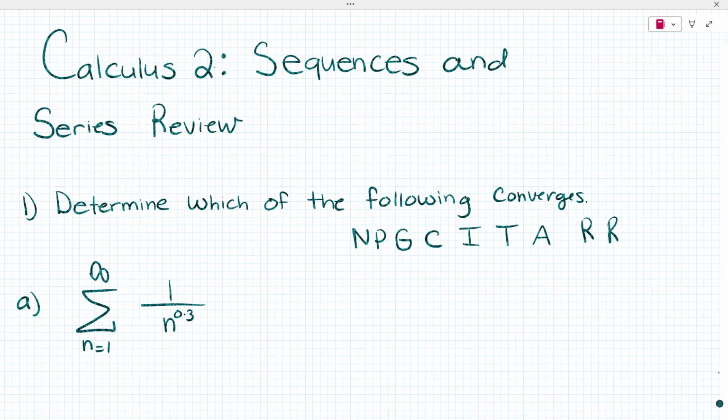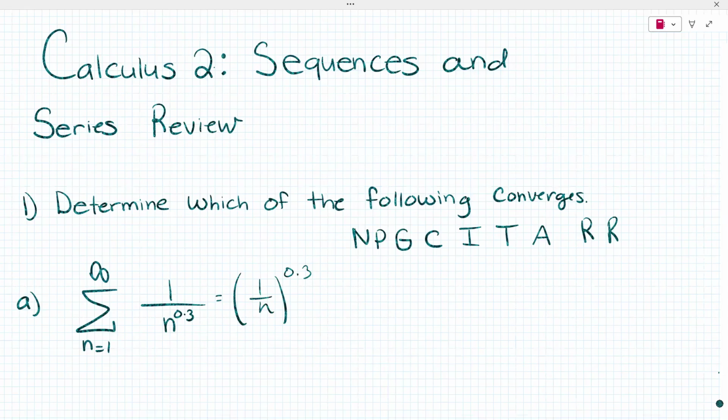On letter A, we have the summation of n equals 1 of 1 over n raised to 0.3. Could we use the nth term? I don't think so. What we could do is rewrite it.